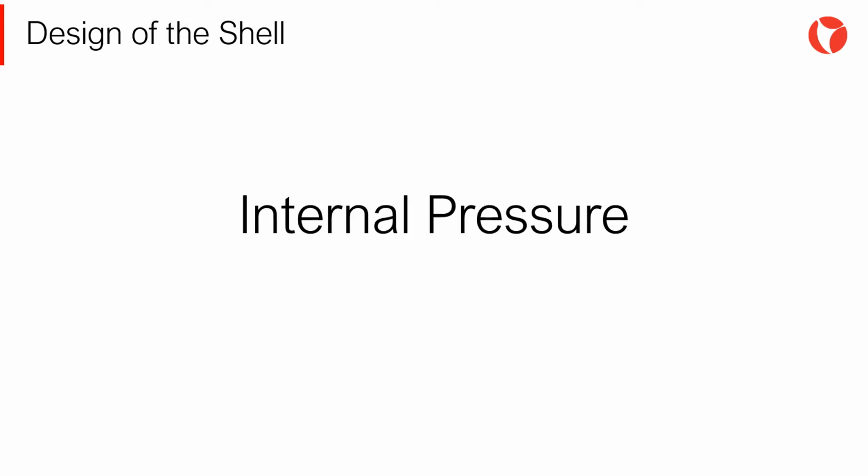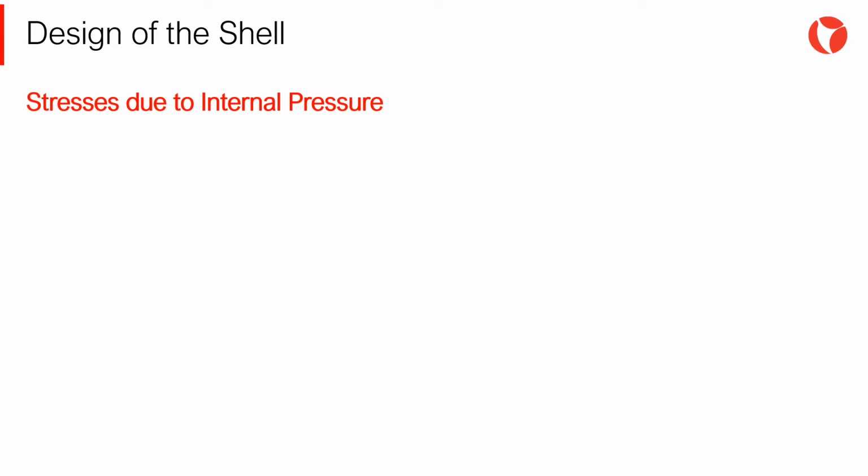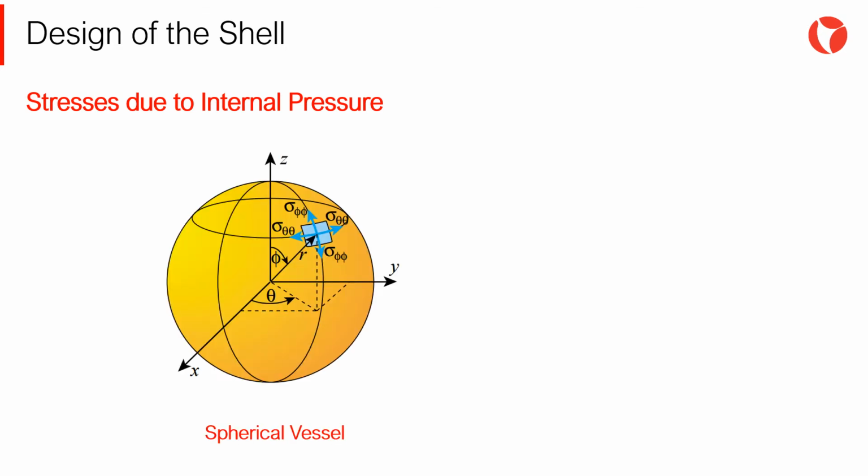The internal pressure is the most common loading in this type of equipment. For most applications, pressure vessels are either spherical or cylindrical. Depending on the application, pressure vessels will adopt one shape or the other. In a spherical vessel, the internal pressure is acting equally in every point.